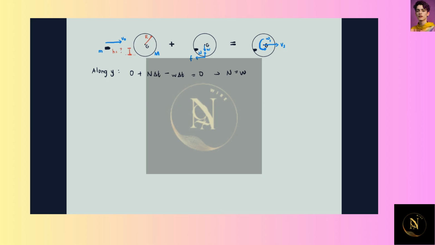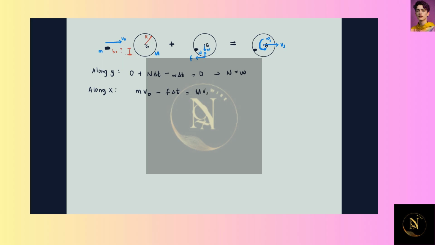Now, along x, our equation is m v sub o minus the friction force F times the time interval equals the mass of the disc times v sub 1.